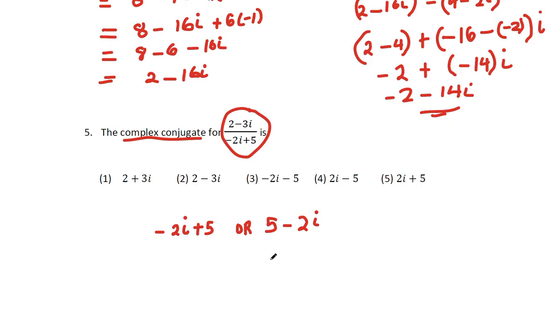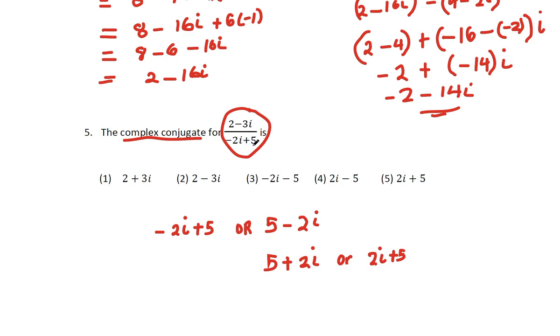So the conjugate of this would simply be found by changing the sign of the imaginary component, and that would be 5 plus 2i. Of course, 5 plus 2i is the same as 2i plus 5. So when you're writing the complex conjugate of a complex number expressed as a quotient, all you need to do is change the sign of the imaginary component, the i component.